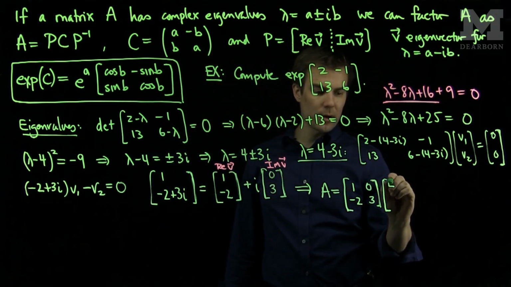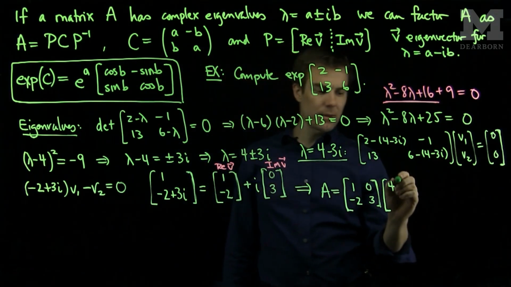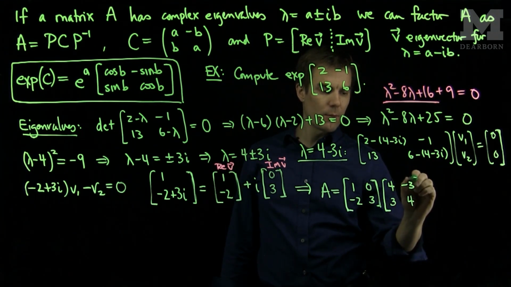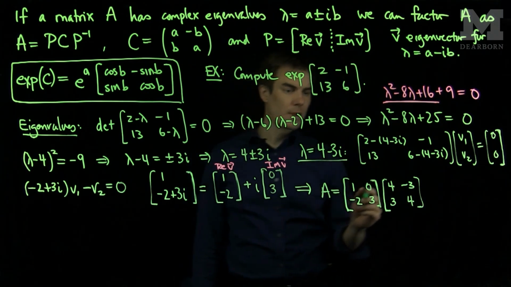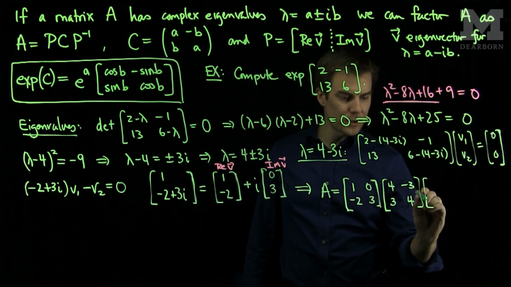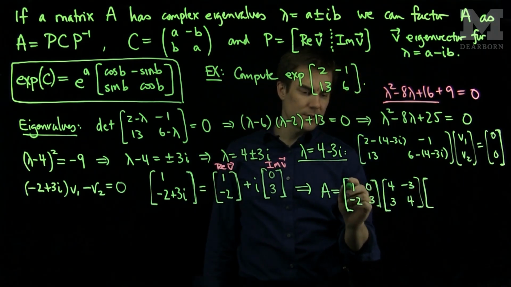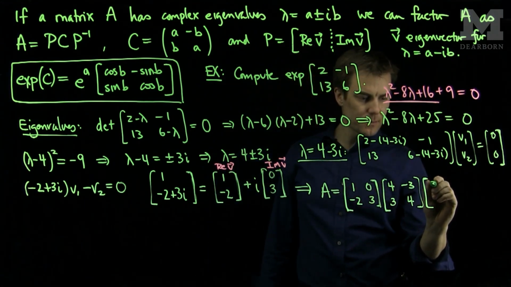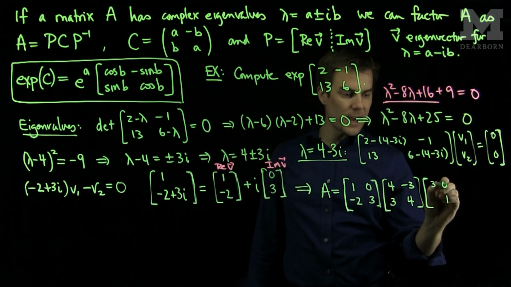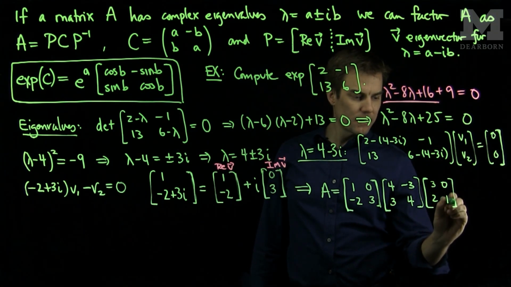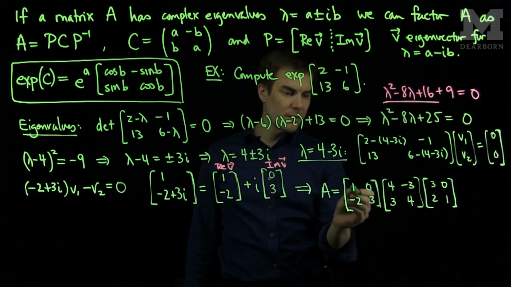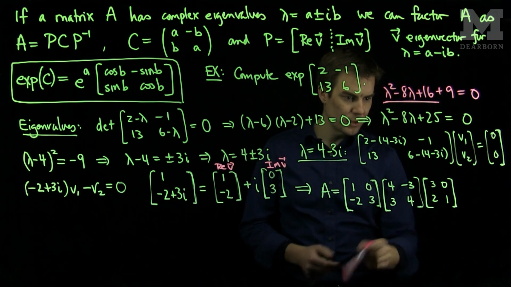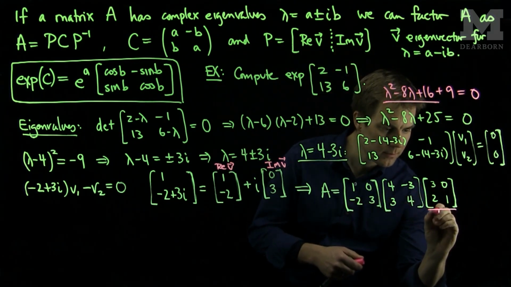So I will have a 4, then a negative 3, then a 3 and a 4. Then I put the inverse matrix of P over here. The inverse matrix is found by flipping the diagonal entries, negating the off-diagonal entries, and dividing by the determinant. The determinant of this matrix is 3 minus 0, so every element in this matrix will need to be divided by 3.